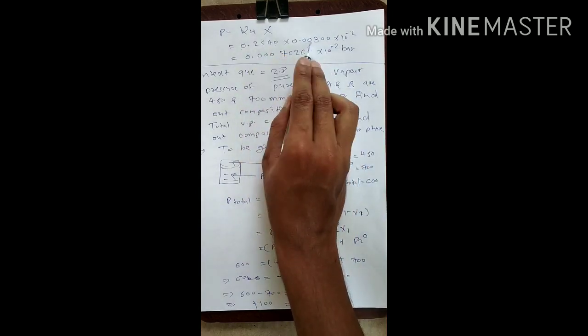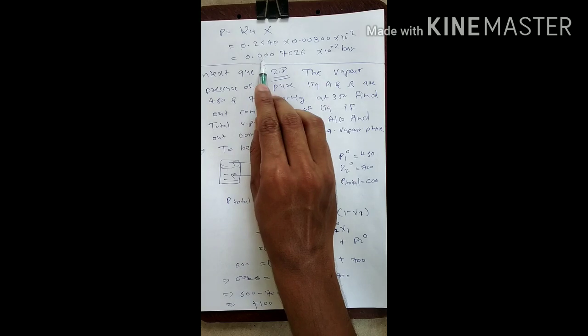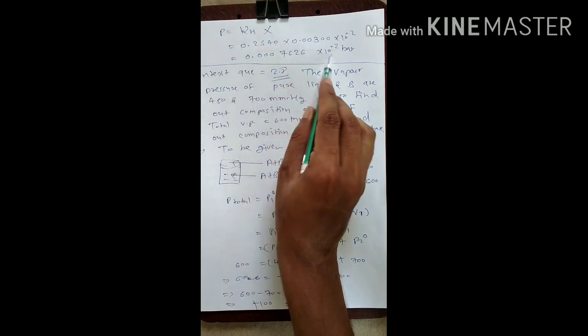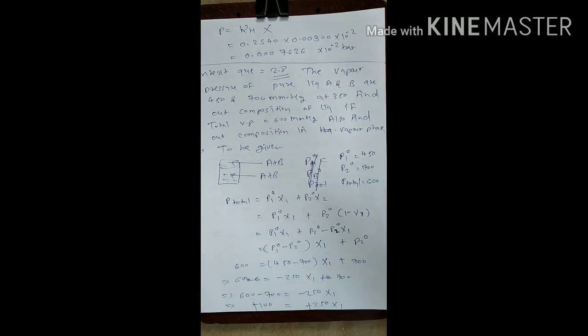By multiplication of these two, you will get 0.007626 into 10 raised to minus 2 bar. Okay. So what we did: for the two conditions we have two values here. For the first condition we derived the Kh value, then that Kh value we used for the second condition. That is the main method.